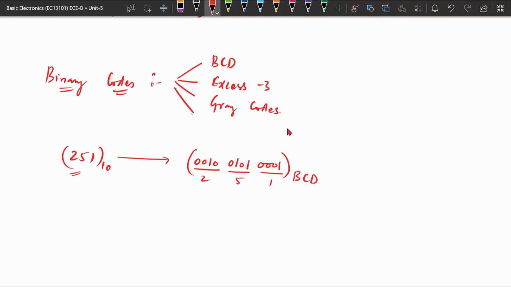Similarly, for an XS3 number, whatever the BCD number is, we add 3 to each digit. 3 means 0011.